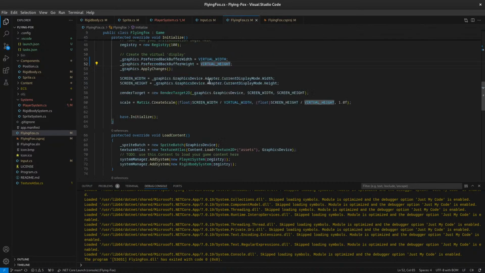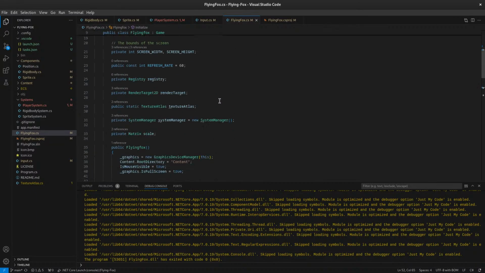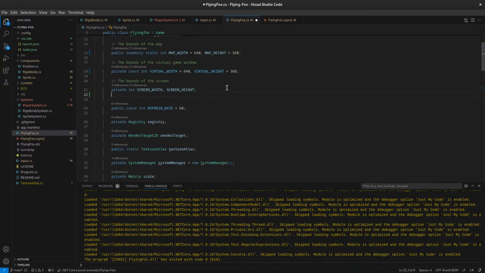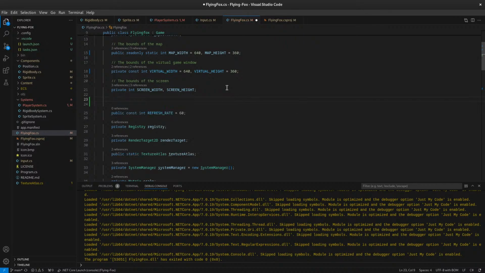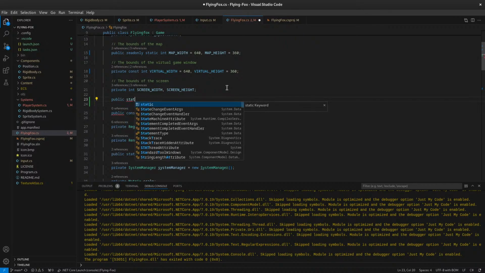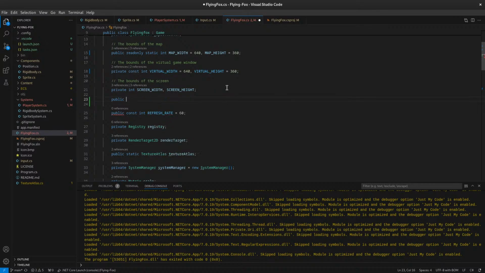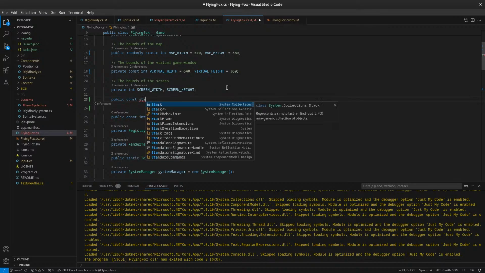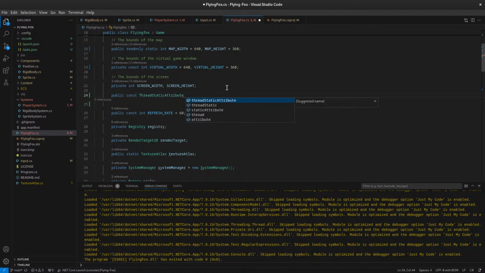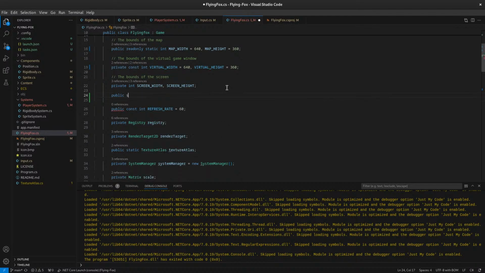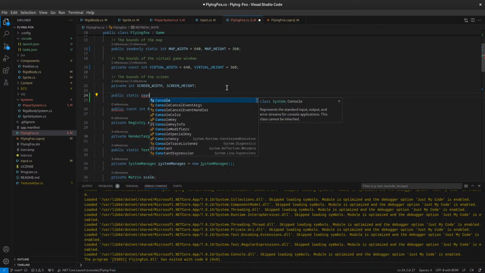We're just going to put it in the flying fox thing, because this is where we store all the constants. So it's going to be a public static float, public constant static float.